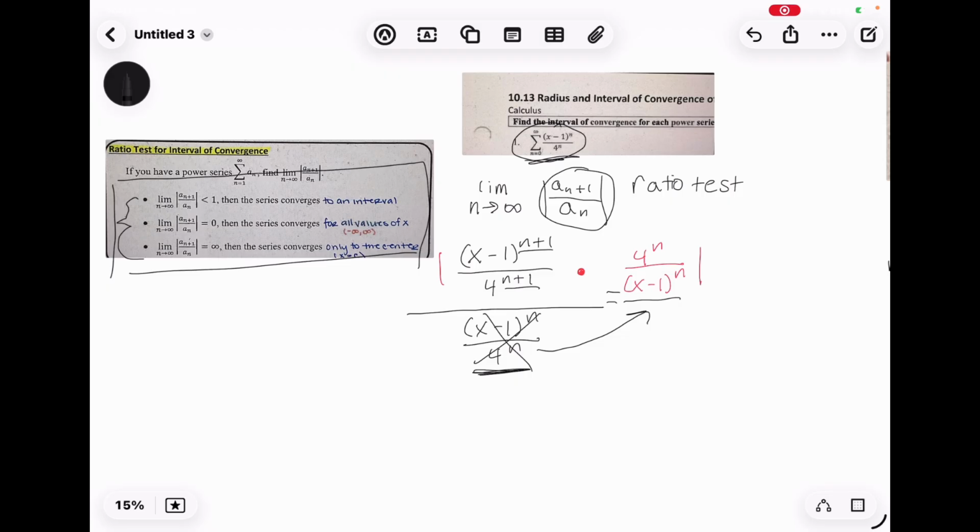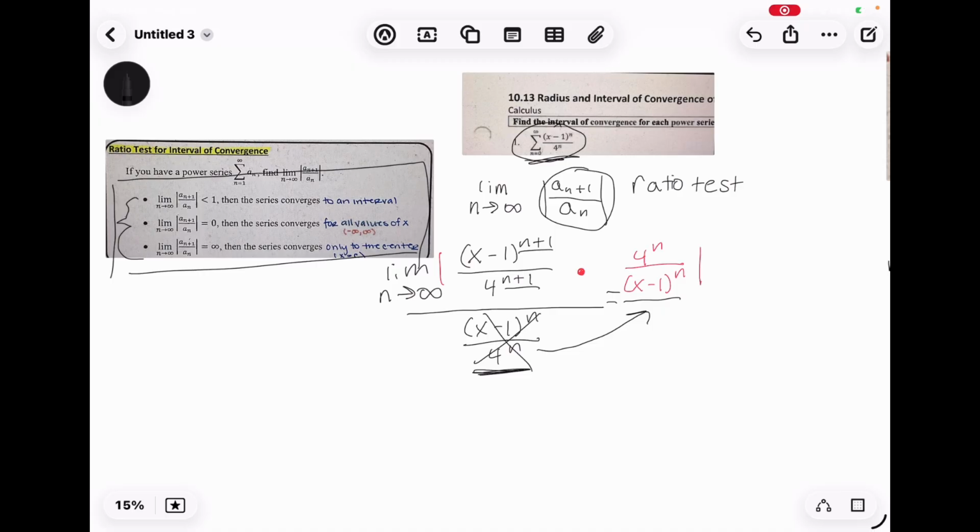Okay, so now we have (x minus 1) to the n plus 1 over 4 to the n plus 1, and then we have multiplied by 4 to the n over (x minus 1) to the n, okay? Now, this is sort of the tricky part because we have to simplify this as much as we can.